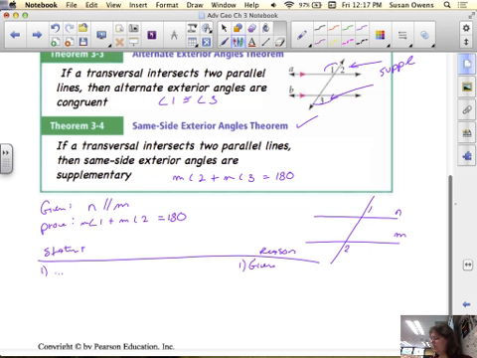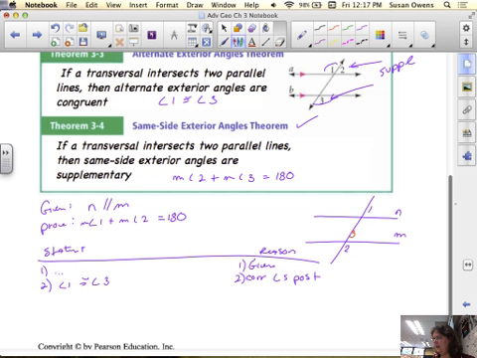So how about I'll label this angle right here 3. Okay. Now, once I label it in my picture, I can use it. So I always start out with corresponding angles. So I'm going to say angle 1 is congruent to angle 3.